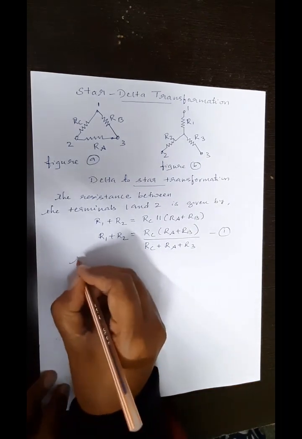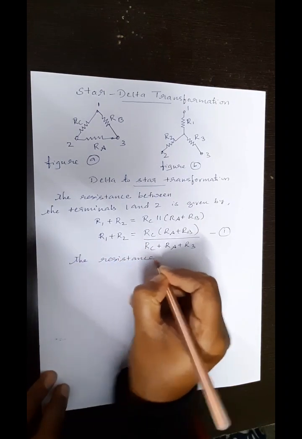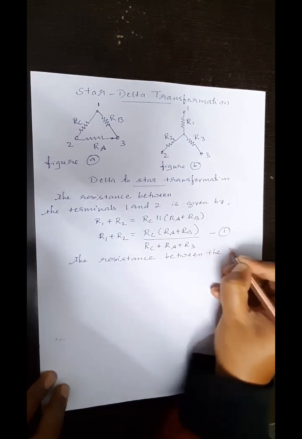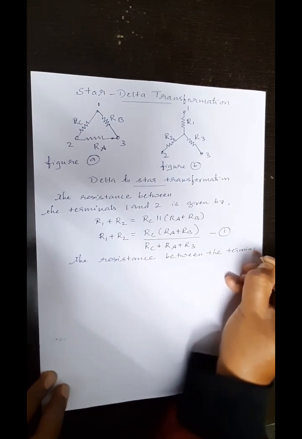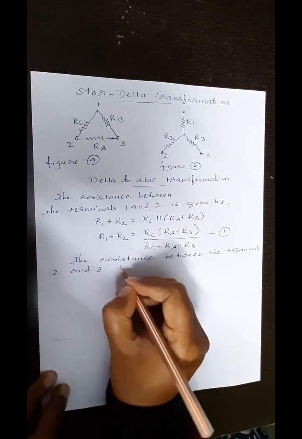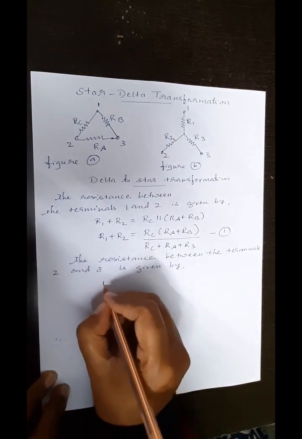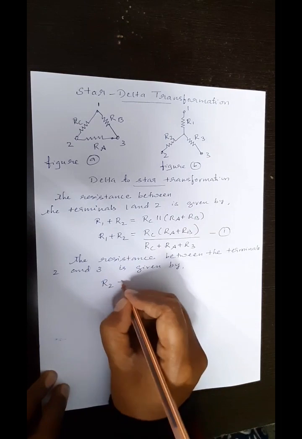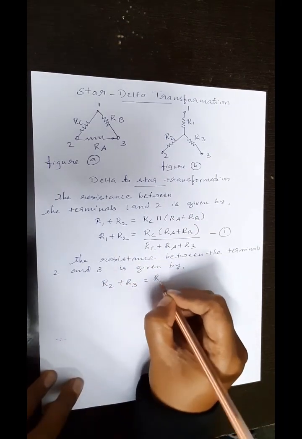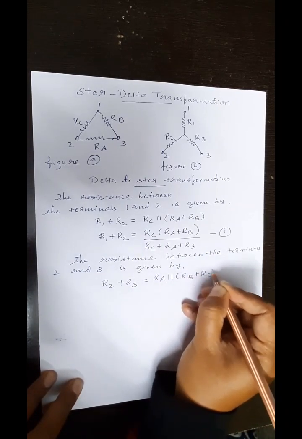Similarly, the resistance between the terminals 2 and 3 is given by R2 plus R3 which is equal to RA parallel with RB plus RC.